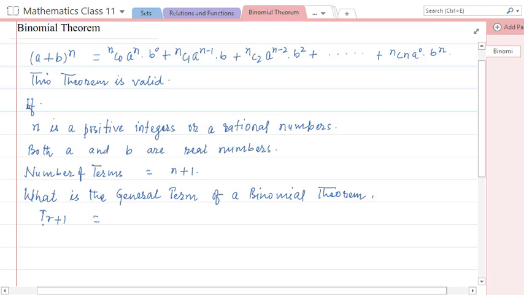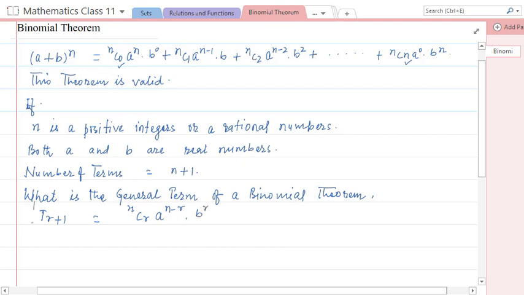Here T is the first letter of the term, therefore T is used, and r moves from 0 to n. When r equals 0, we get the first term. When r equals 1, we get the second term. So the general form will be nCr a to the power n minus r into b to the power r.